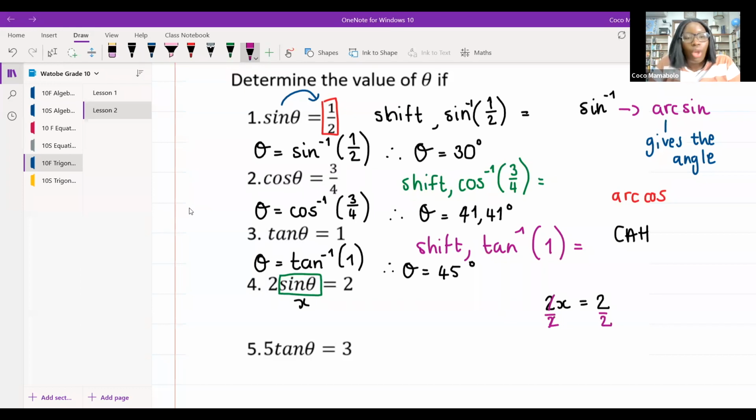So this will cancel. We're going to do the exact same thing over here. We're going to take 2 sine theta and divide this side by 2 and divide this side by 2. 2 divided by 2 is 1. So I will then have sine of theta is equal to 1. And because I want my angle, I'm going to shift sine.